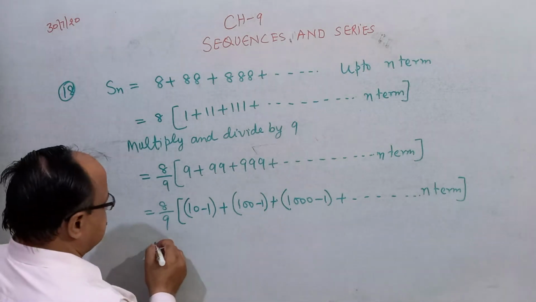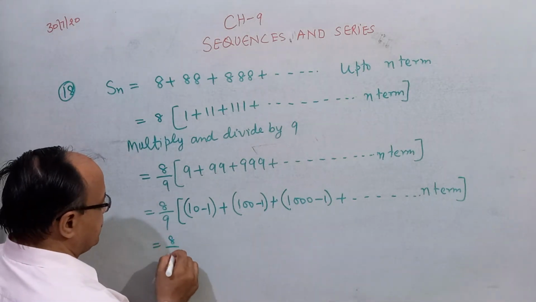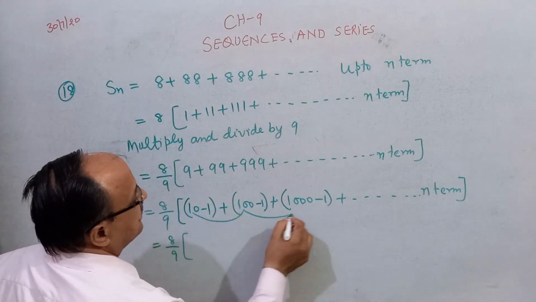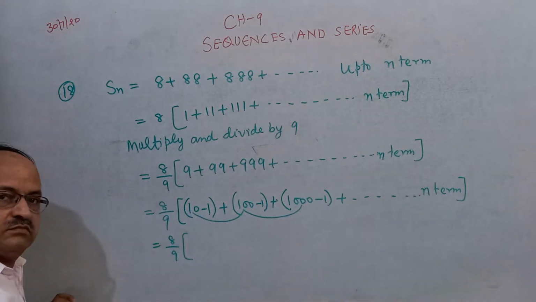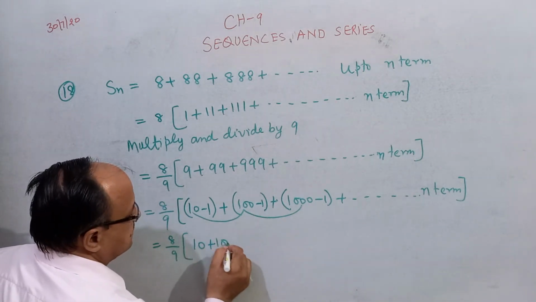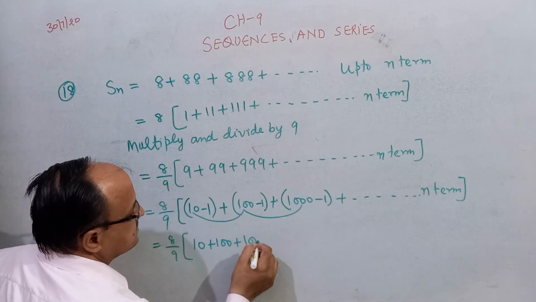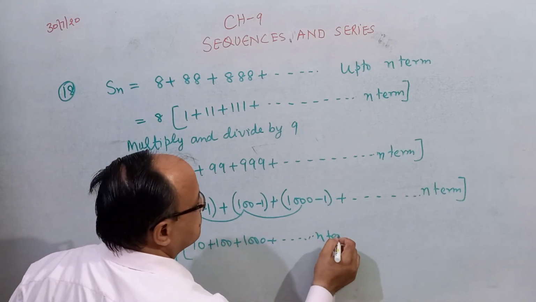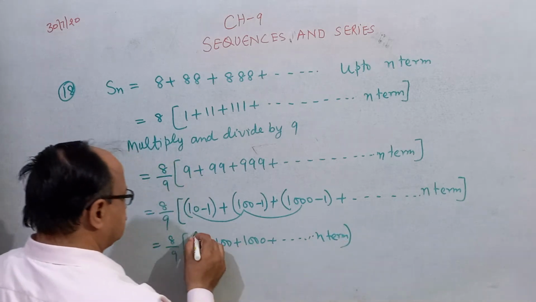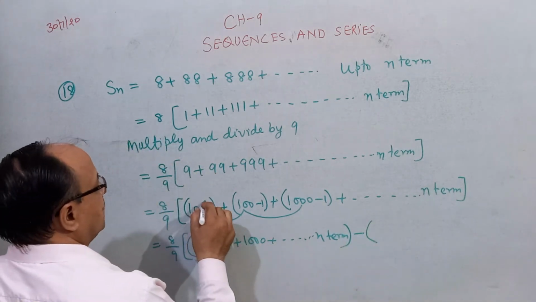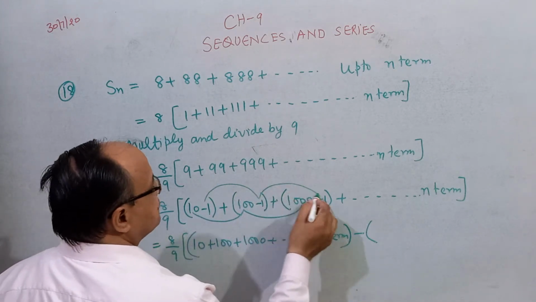Now you know that 10, 100, 1000 become a GP: 10 plus 100 plus 1000, up to n terms. And the rest of the terms are minus 1, minus 1, minus 1.